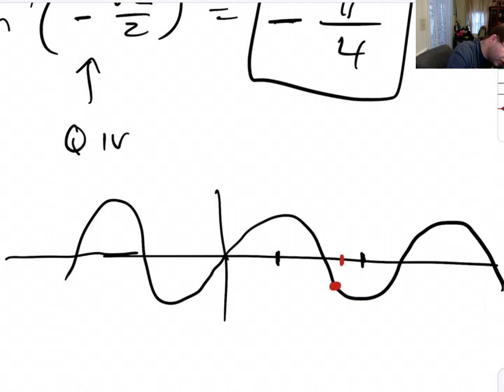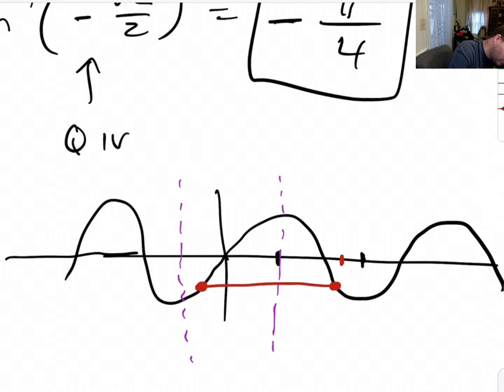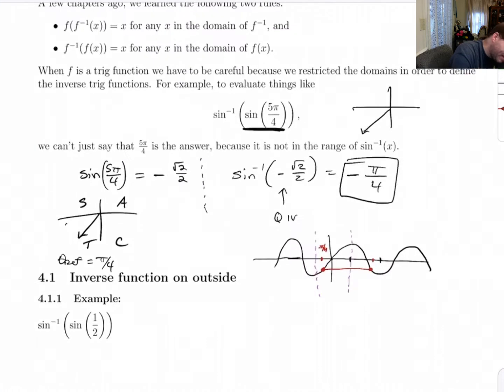What we're really trying to do is go back to between pi over 2 and negative pi over 2. If we translate it back, we're looking for the angle that we get there, and that's going to be minus pi over 4. So we can do these problems either way, by thinking of it graphically or by evaluating the inside and then evaluating the outside function.